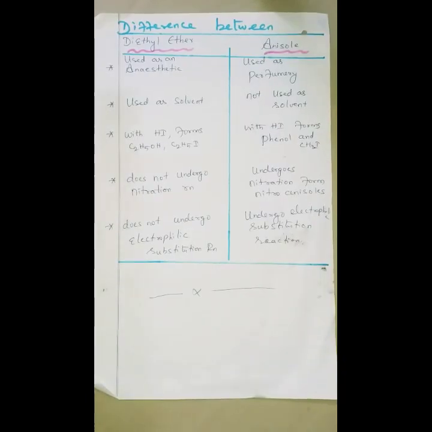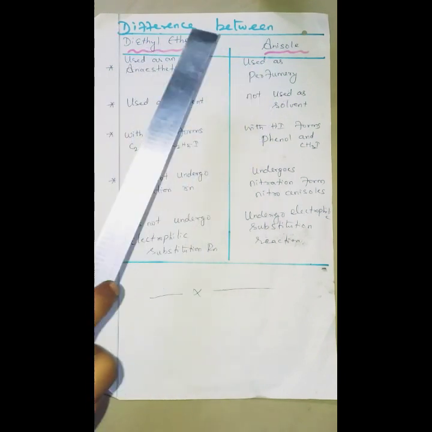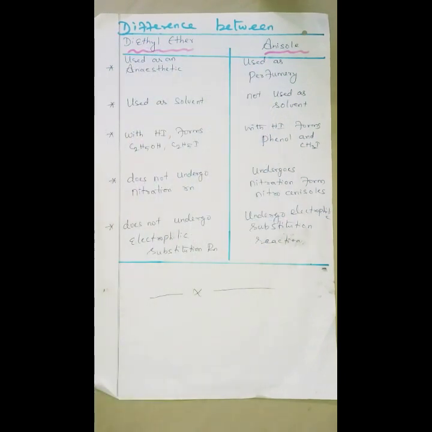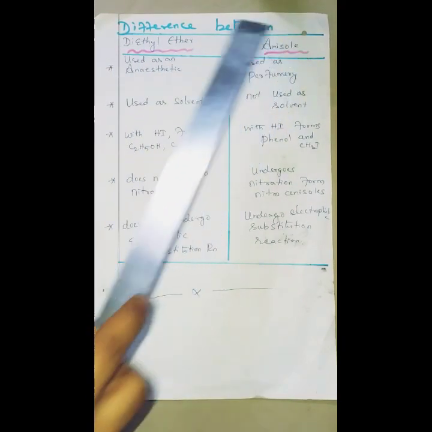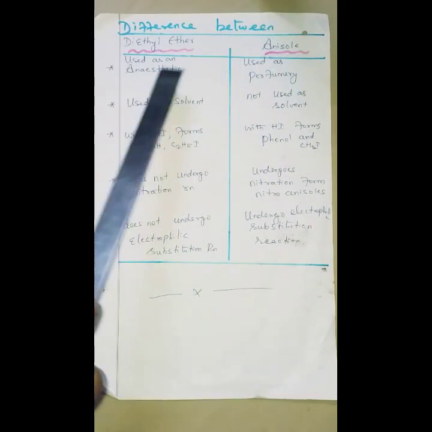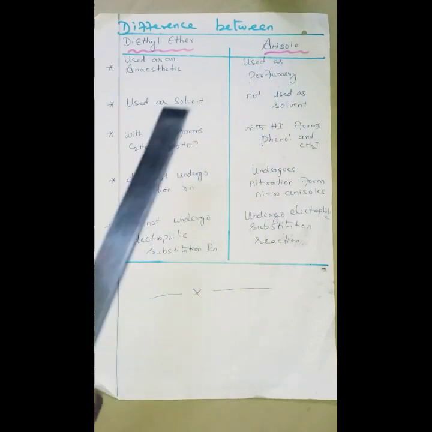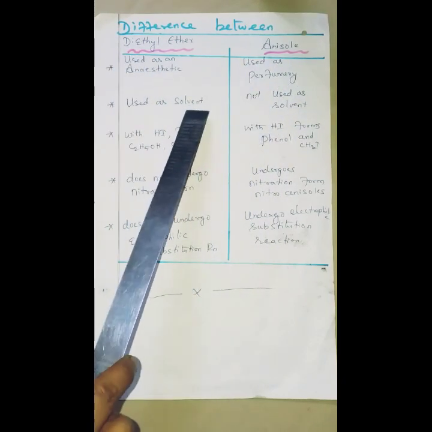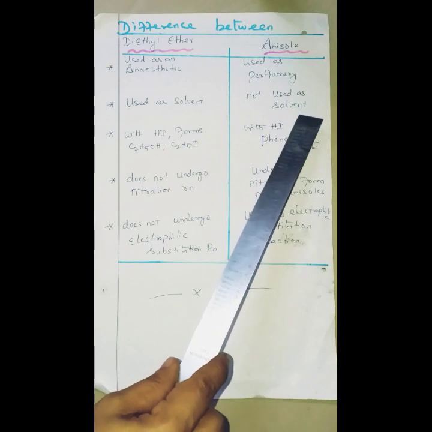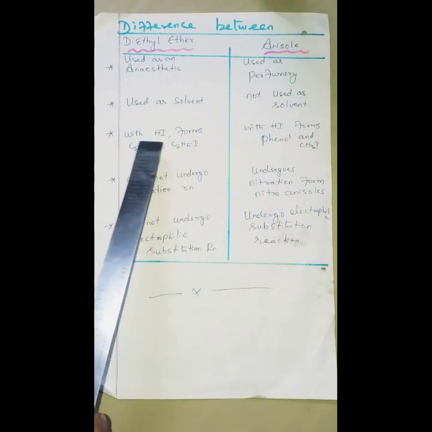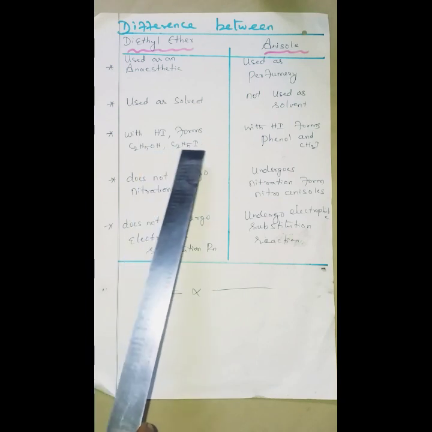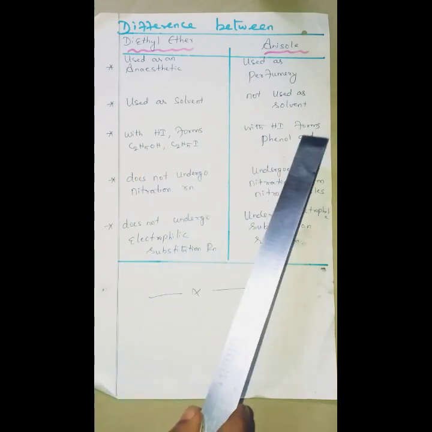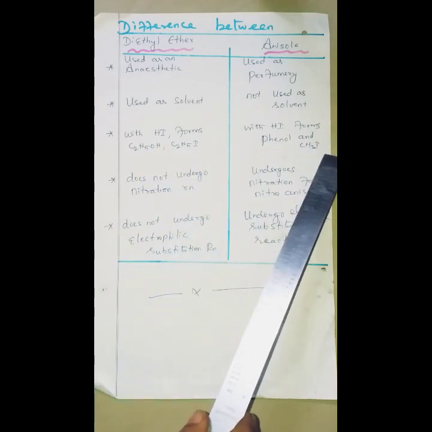The last topic is the difference between diethyl ether and anisole. This page is not given in your textbook, but the question may come. Diethyl ether is used as an anesthetic; anisole is used in perfumery. Diethyl ether is used as a solvent; anisole is not used as a solvent. With HI, as we saw in the chemical reactions, diethyl ether forms ethanol and ethyl iodide, but anisole forms phenol and methyl iodide.